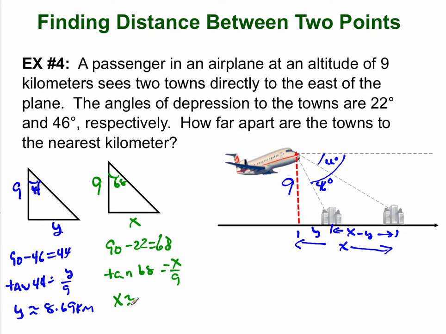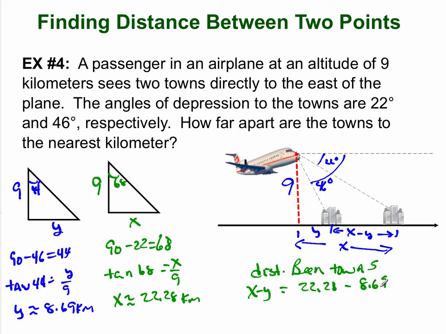So x, when I solve this, is approximately 22.28 kilometers. So the distance between the towns is x minus y, or 22.28 minus 8.69, or about 13.59 kilometers apart.